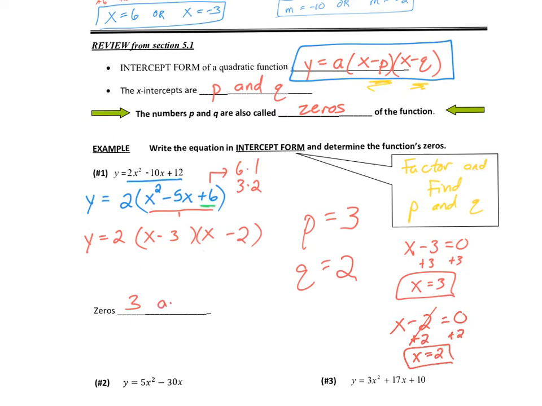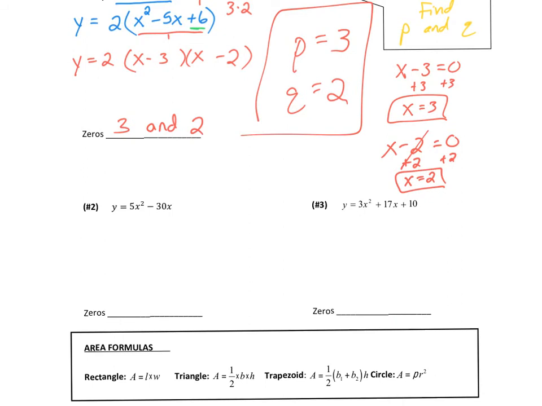So the other 0 is 2. So the zeros are the same as your P and Q. So the zeros are the same as the intercepts. The intercepts are at 3 and 2. The zeros are 3 and 2. Okay, and that's just kind of connecting what we did in 5.1. All this chapter kind of connects together.